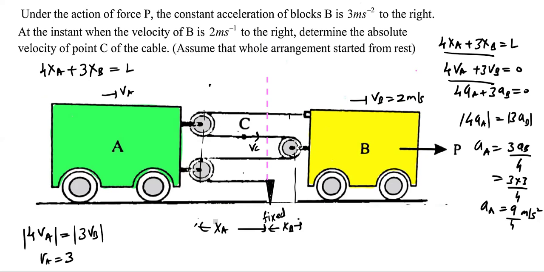The velocity of block B is 2, so this will be 3 by 2 meters per second. So we got the velocity of block A.